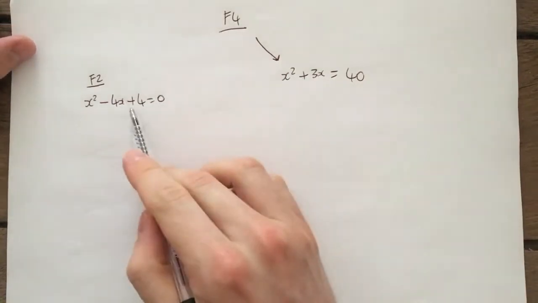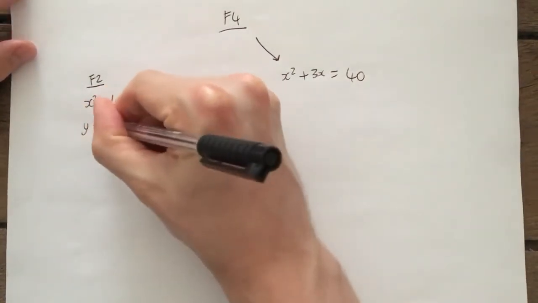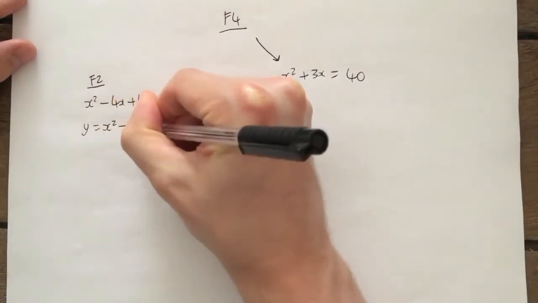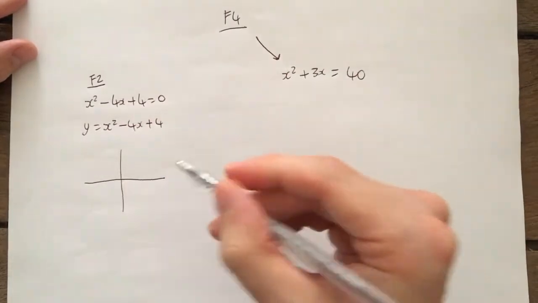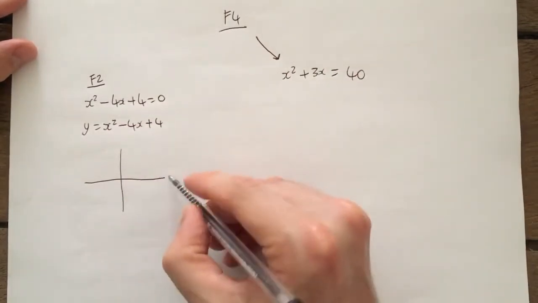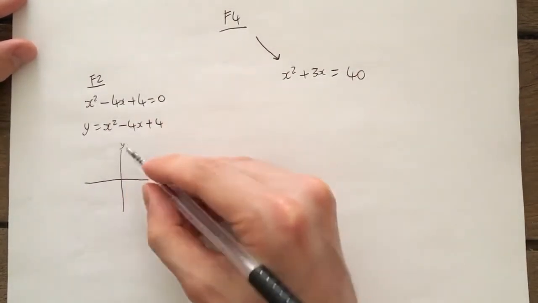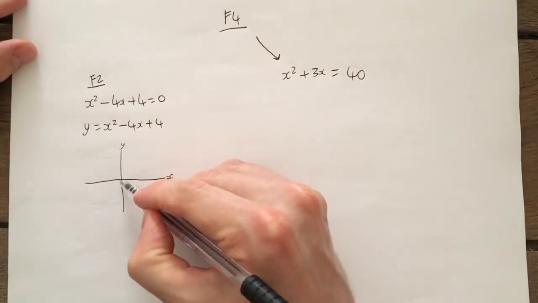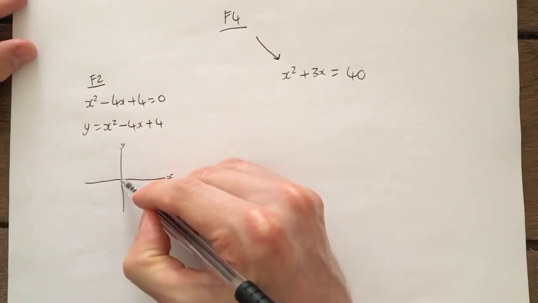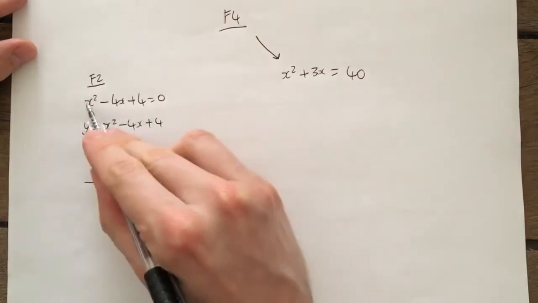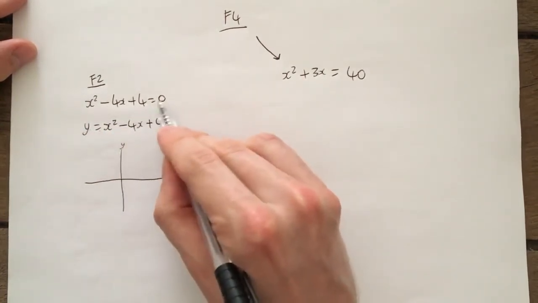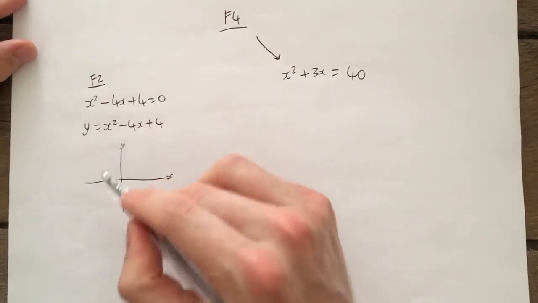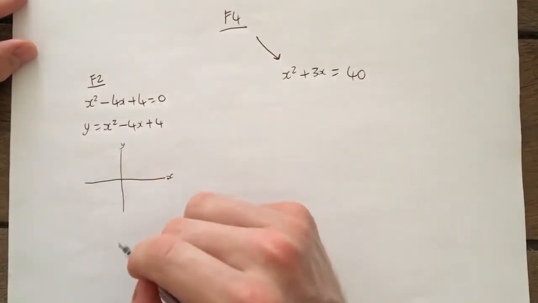If I was going to draw a graph, y equals x squared minus 4x plus 4, and in order to work out where it goes through the x-axis, the y value must be 0. Therefore, we rearranged it so that y was 0, then we factorised it and solved it, and then we're able to plot it on the graph.